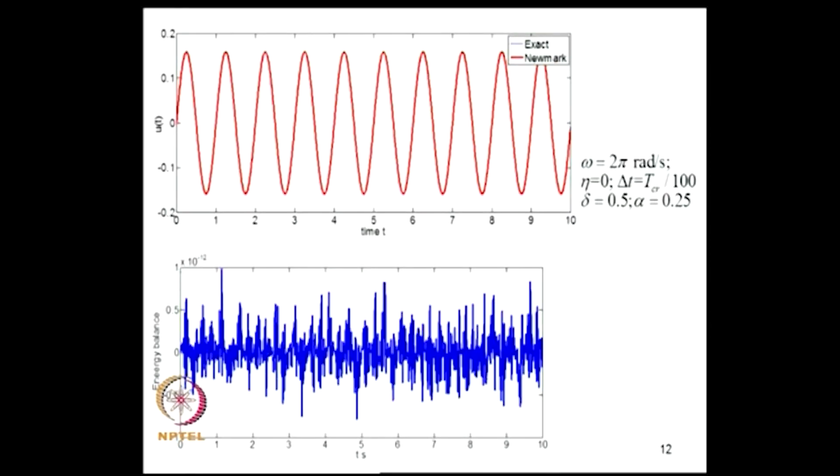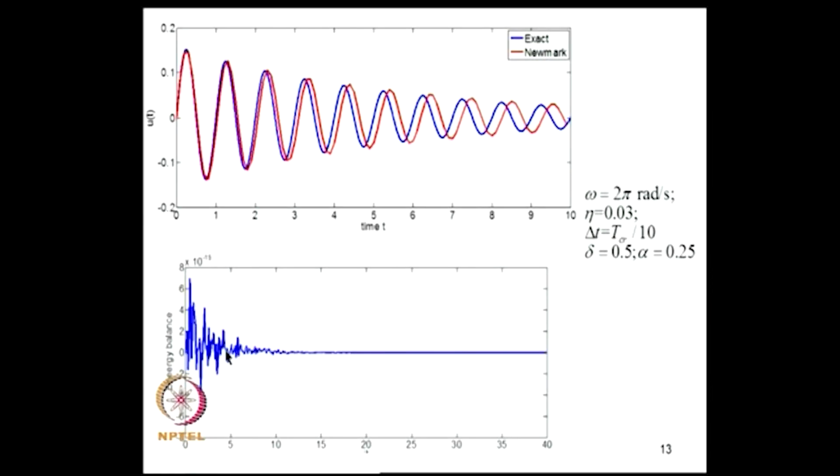Similarly, if I now take the same data with higher step size, now delta T is T critical by 100, we see that the exact and the Newmark solution match very well, and the error in the energy balance is again quite small. Now, how about damped free vibration? So, I introduce a 3% damping and again start with T critical by 10.